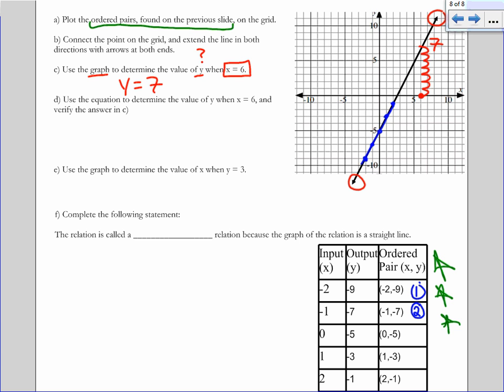D, use the equation to determine the value of y when x is 6 and verify the answer. So now instead of using the graph, we're going to use the equation. And remember the equation was y equals 2x minus 5. They've given you x equals 6, so that is your input.